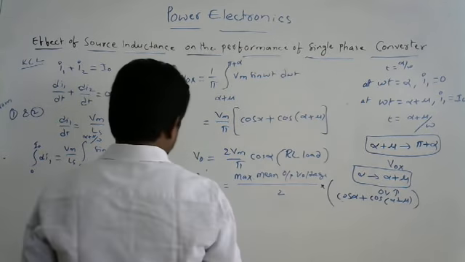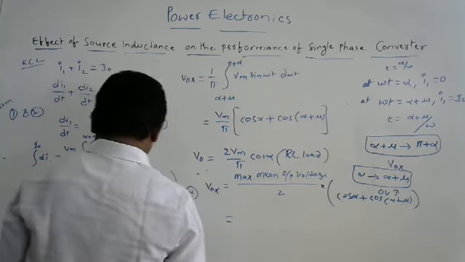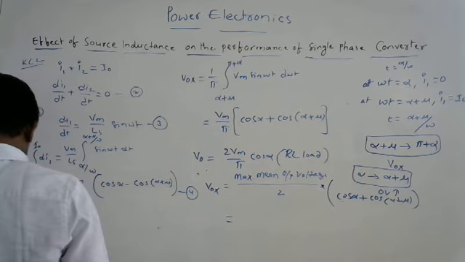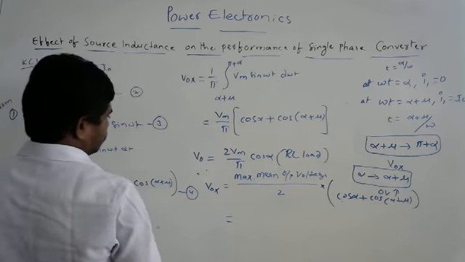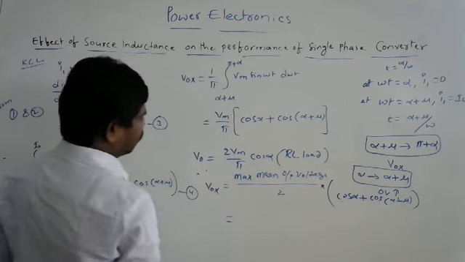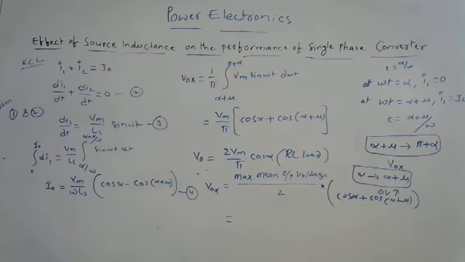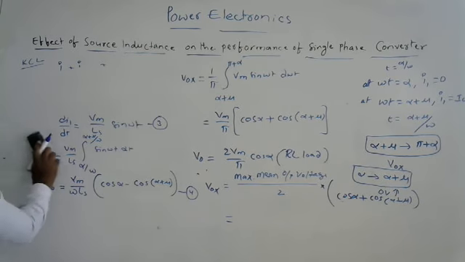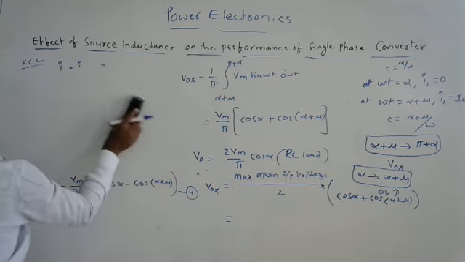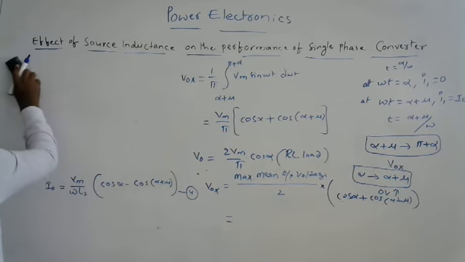Please remember this. For this, the maximum mean output voltage is required now. After this portion is not required, right? Okay, look at this. So we need to take the maximum mean output voltage.